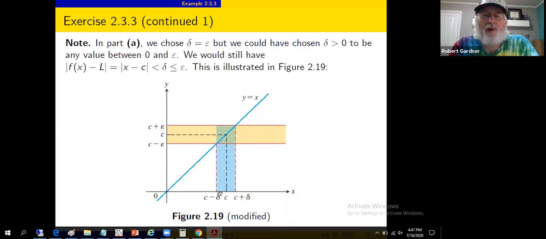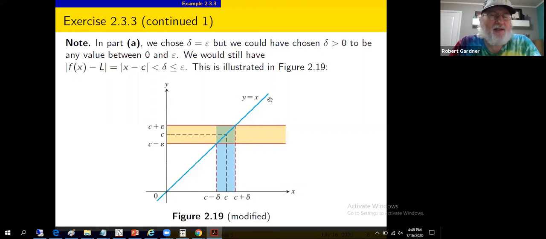Well, how far to the right and left of c can you go so that when you look at the horizontal box and the vertical band, and we get the intersection here in the little green box, the line cuts through in such a way that, if you like, it intersects the horizontal lines of the little green box. And doing it at the corners is allowable. I take them to be the same. I go the same distance over as we went up. So epsilon and delta are the same.